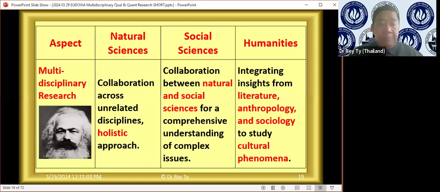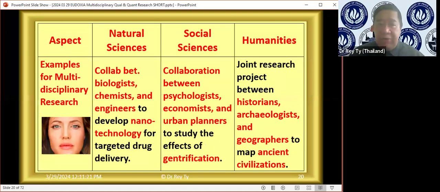There's no prohibition of working across the different fields. It depends on what you want to do. And for example, in the social sciences, psychology, urban planning, and economics can work together to look at what are we doing to the cities.